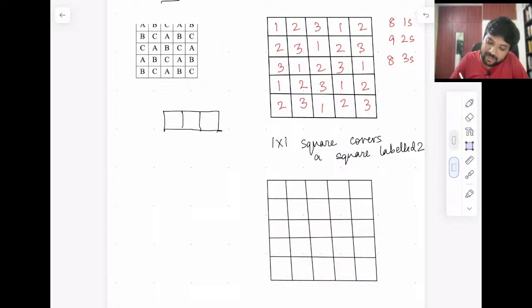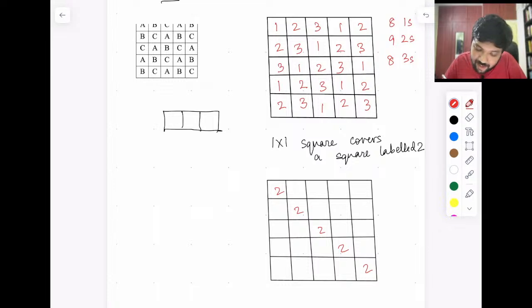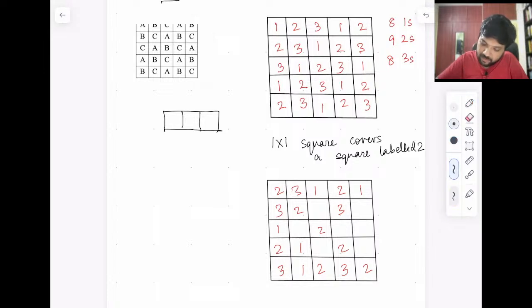Okay, so let's reflect. 2, 2, 2, 2, 2 and 1, 3, 2, 1, 3 and this is 2, 3, 1. Actually, you can just fill it in, right? Sorry, I think I wrote it all wrong.